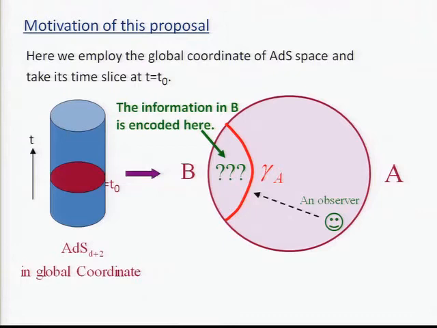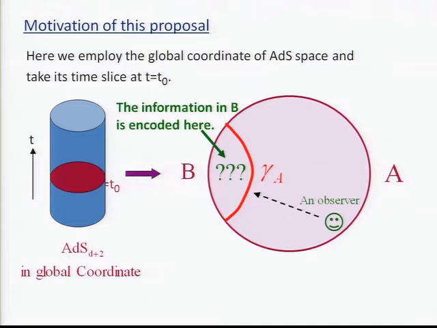So the motivation for this is a very intuitive understanding. The observer is sitting here, and now we are mapping to global coordinates. This is the boundary, and inside this is AdS, and the CFT lives on this boundary. So the observer is sitting here, and we divide the boundary into A and B this way. In the CFT, this calculation is definite.